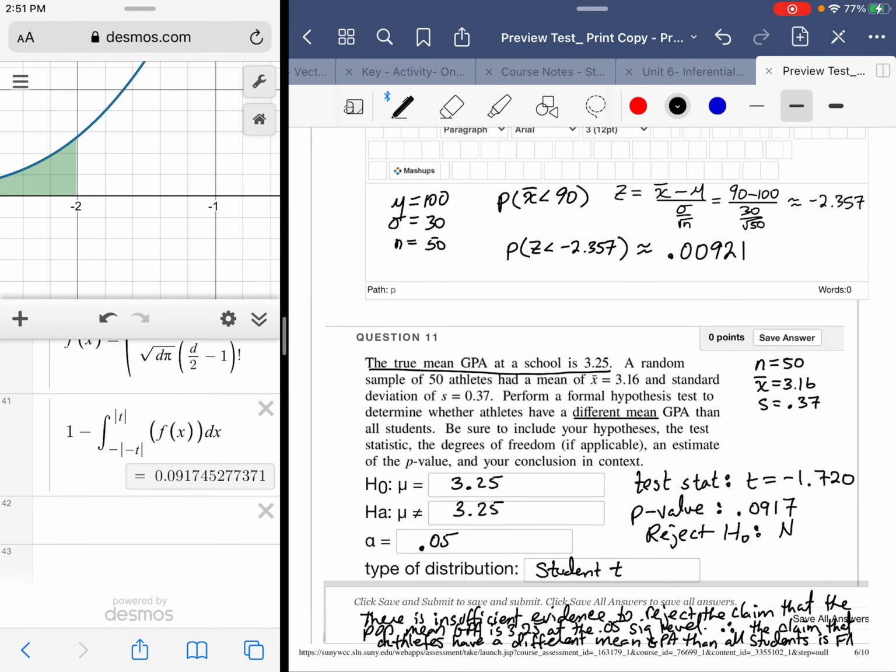So it depends on what the purpose of the study is, but this is basically saying that there is no reason to think that the athletes would have any significantly different GPA than any other student. Right? So if they're trying to show that maybe athletes are more dedicated due to discipline and all that stuff, and therefore that translates to their studies.